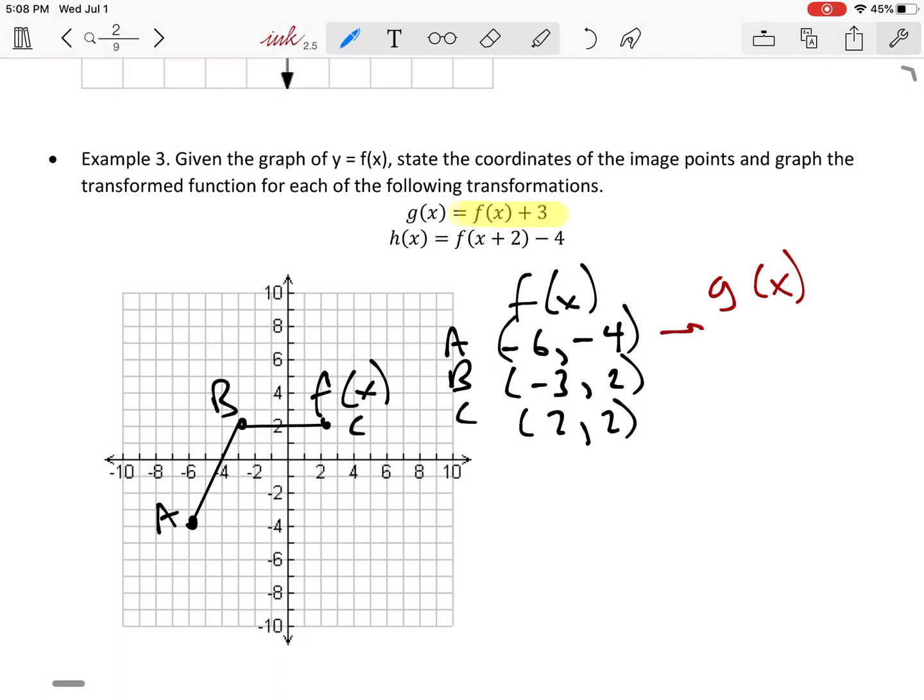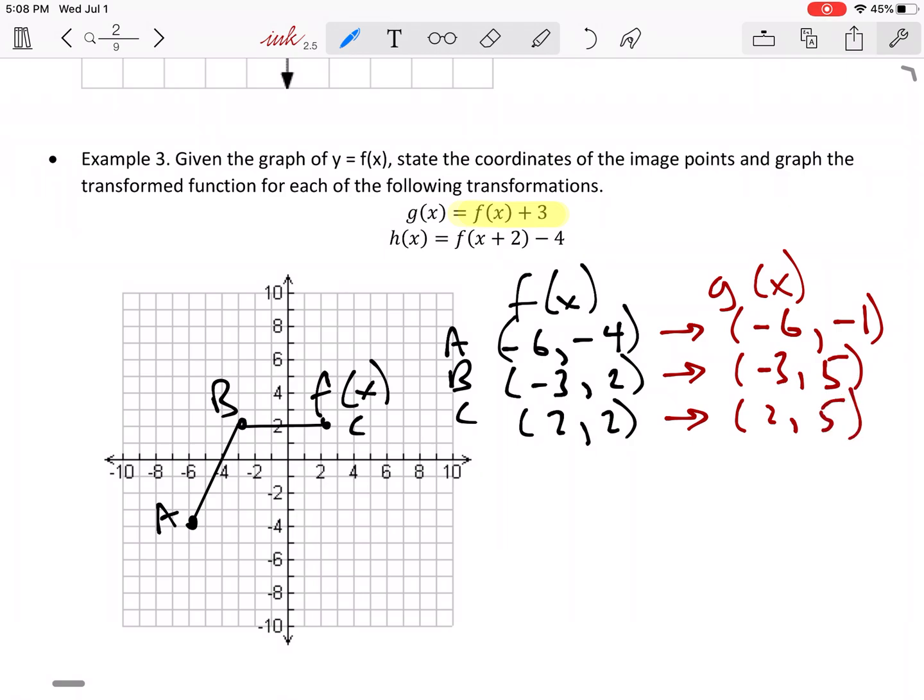So when we do the mapping, all our x points are going to be exactly the same: -6, -3, and 2. Our y point is going to go up by 3, so plus 3. Negative 4 becomes negative 1, 2 becomes 5, and this one's 5 as well.